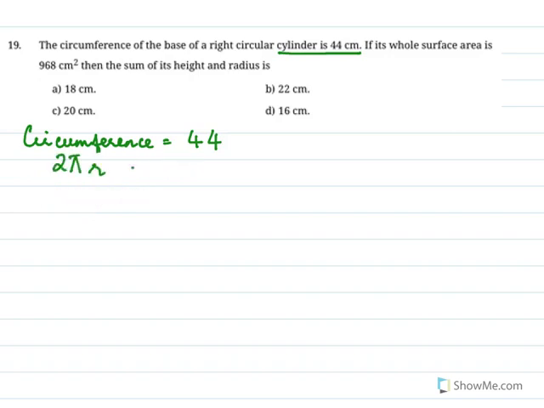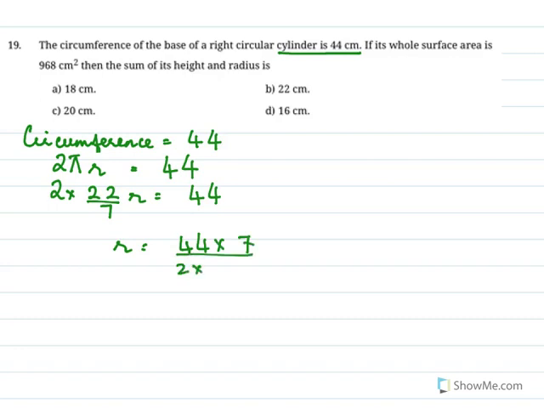So we have circumference 2 pi R equal to 44. So 2 into 22 by 7 R equals 44. So R is 44 into 7 over 2 into 22. So R equal to 7.